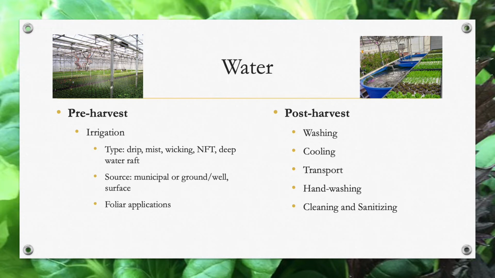Whether or not that water is single pass or recirculated matters both for pre-harvest and post-harvest. Recirculated water definitely needs to be sanitized if it's going to come into contact with the edible portion of the crop. And so does single pass. But single pass water that is not going to come into contact with the edible portion of the crop is the lowest risk there.